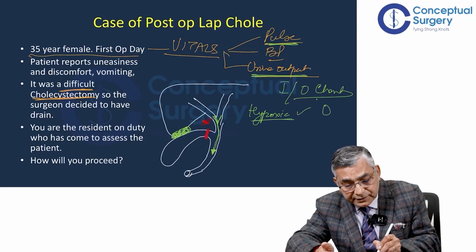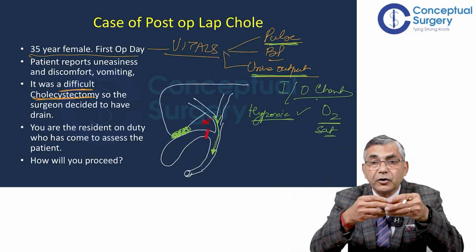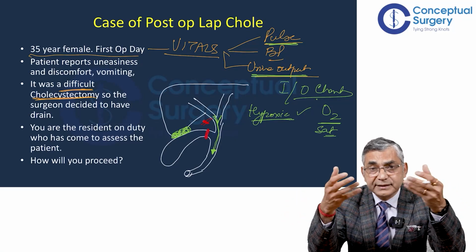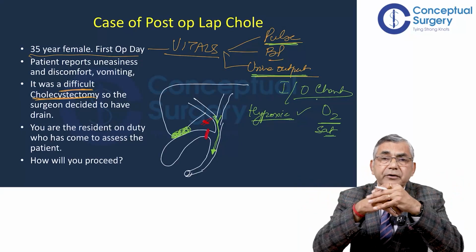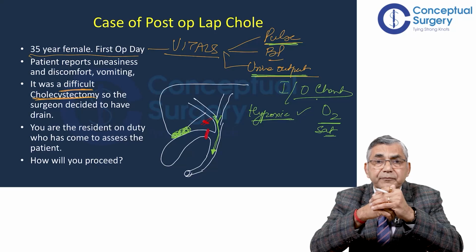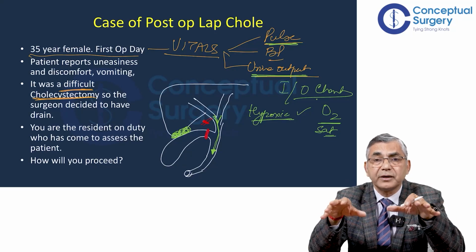Look at the oxygen saturation, which will be there on the probe. Look at the monitor. If it is not there, I would like to connect and see if the patient is hypoxic, because chest conditions can happen if the patient is of that particular age group and has a pre-existing condition. And then after having done that, I would like to assess the abdomen.